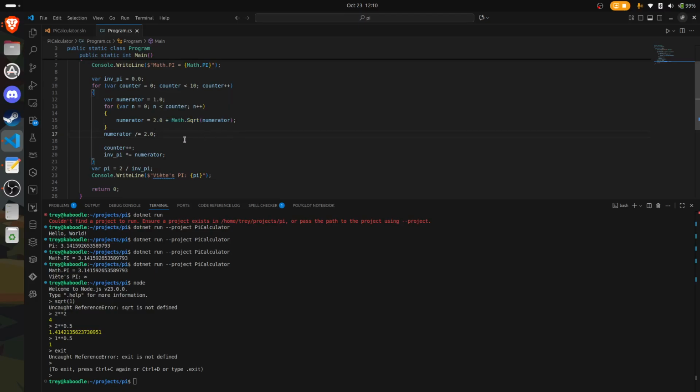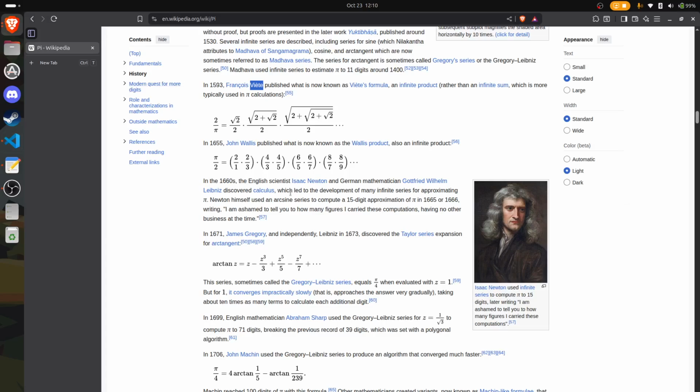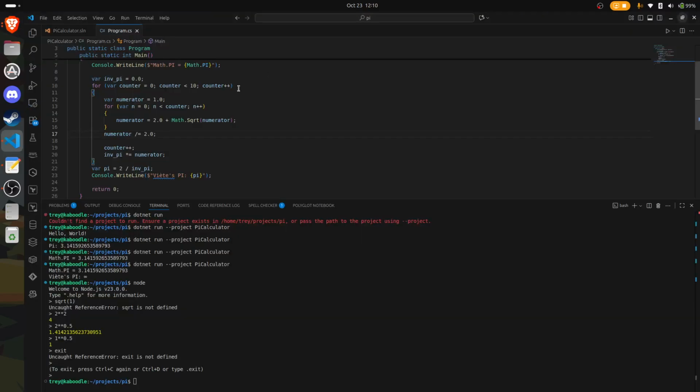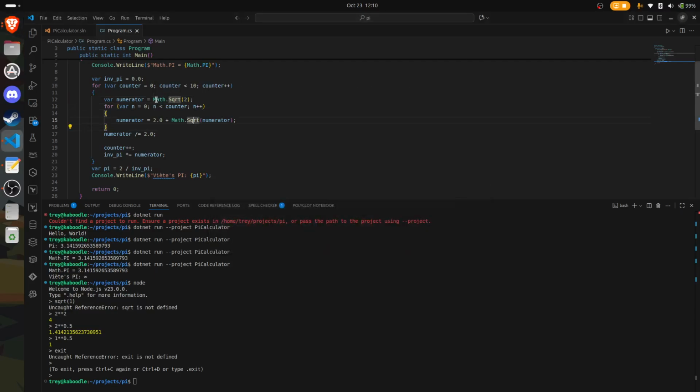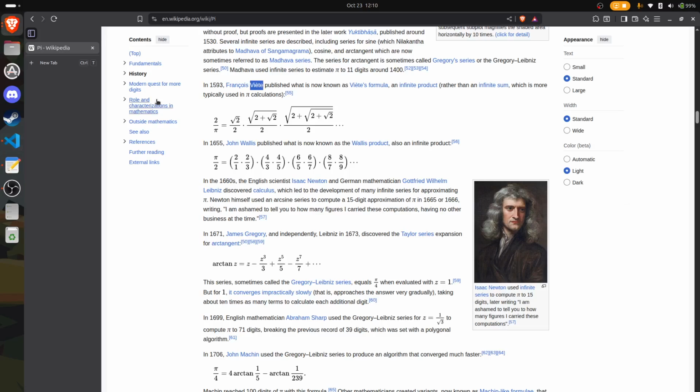It's wrong also. You know what? Let's initialize this to the square root of 2, and then it'll still be wrong. I think.